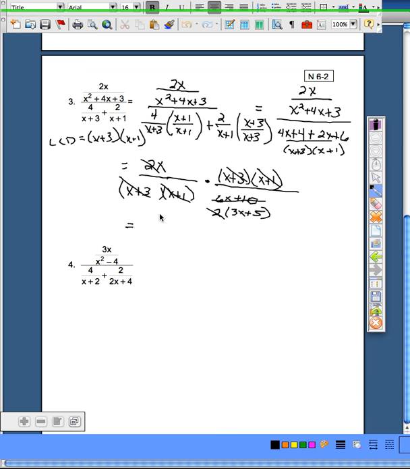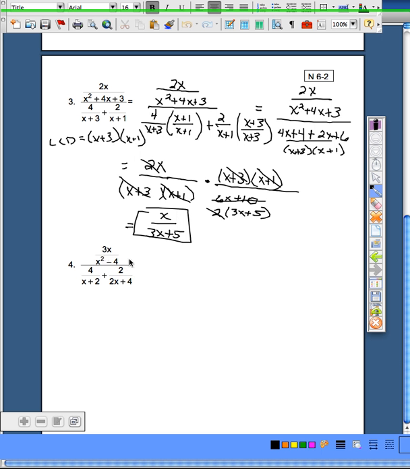And so our final answer is going to be x over 3x plus 5. Okay. So you get common denominators, add them together, distribute, then combine, and refactor if you need to. And then you cancel out all the factors that you can.